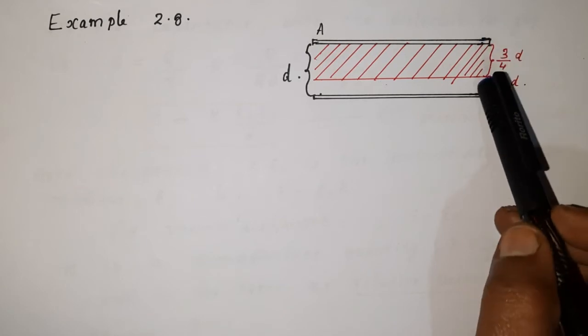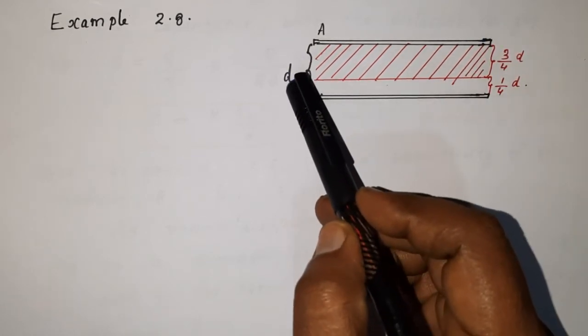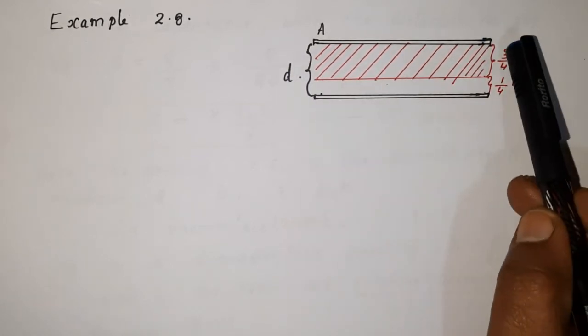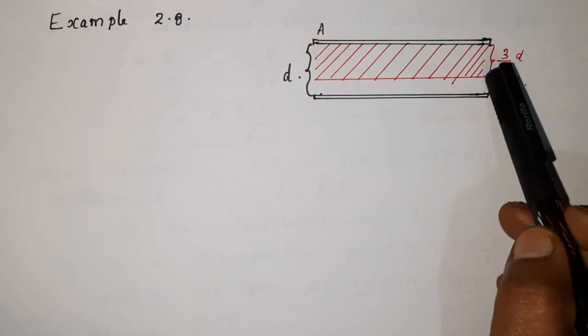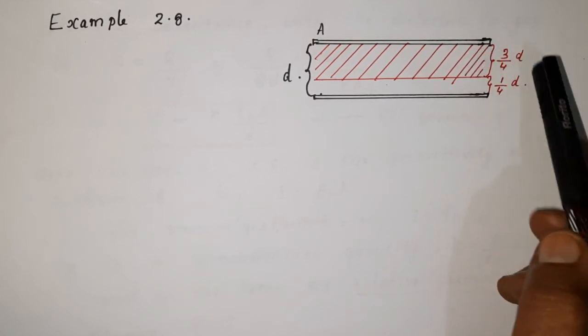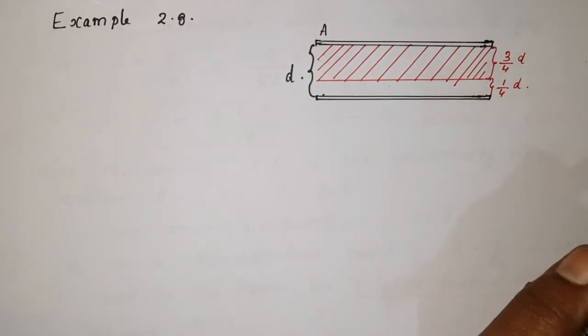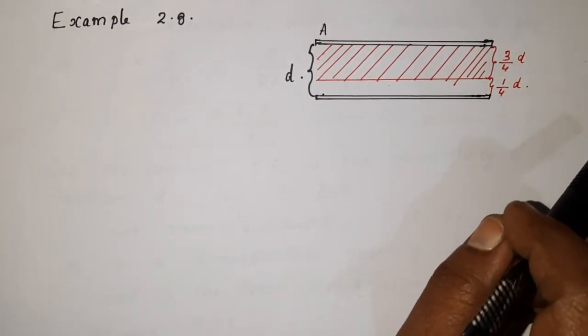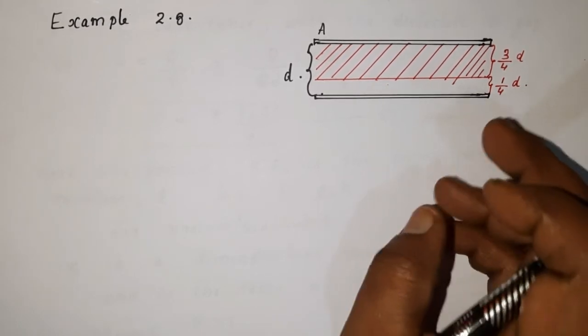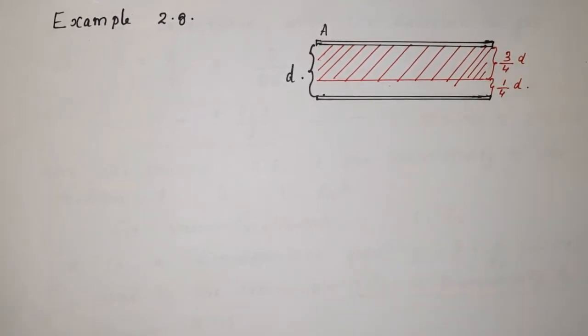So in the gap D, you have 3/4 of D filled with dielectric and 1/4 is free, that means free space. And you're asked to find the new capacitance when such a slab is inserted.